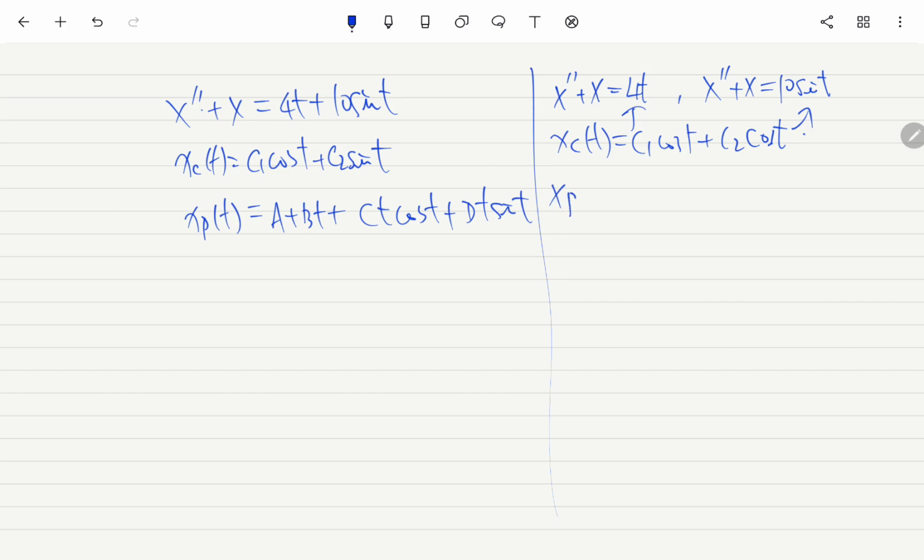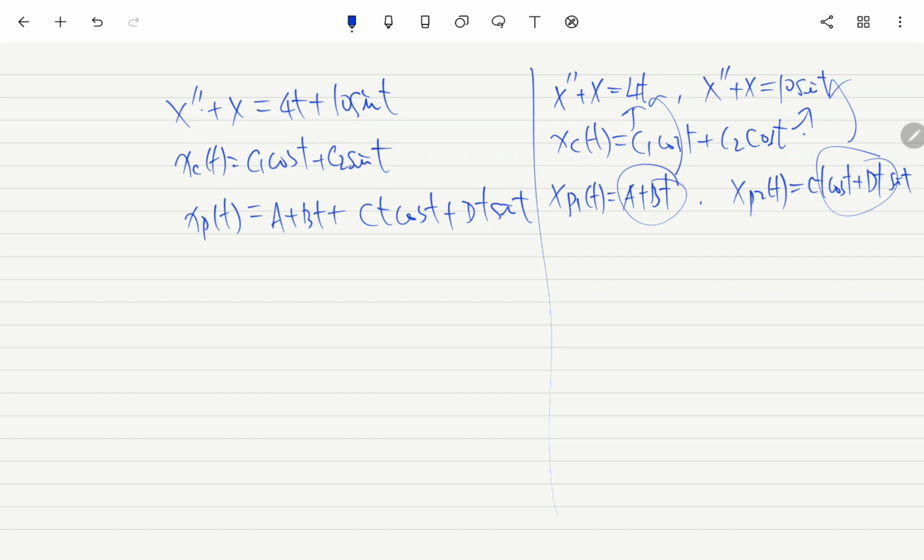But here xp1 of t will be a plus bt, and xp2 of t will be ct cosine of t plus dt sine of t, and then you plug each one into its equation to solve for xp1 and xp2.